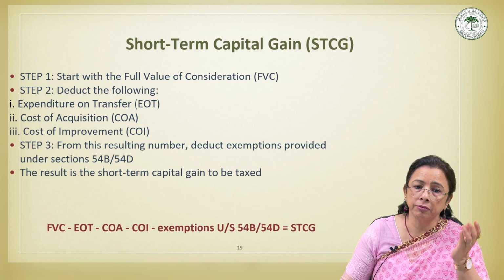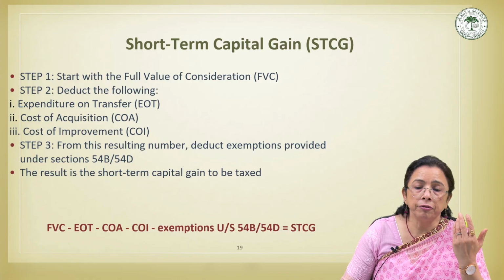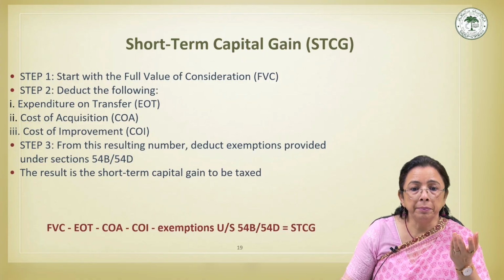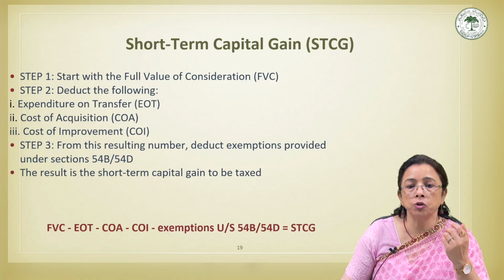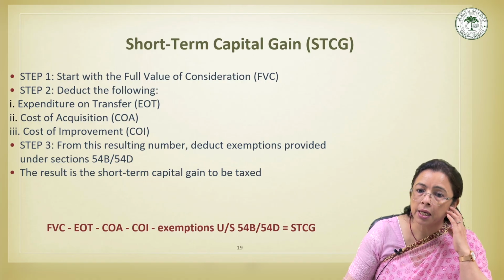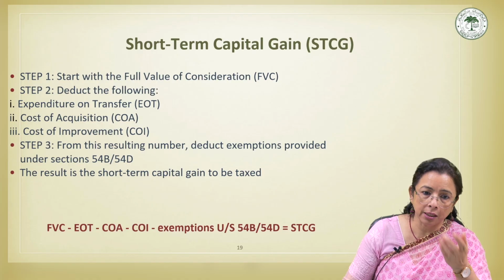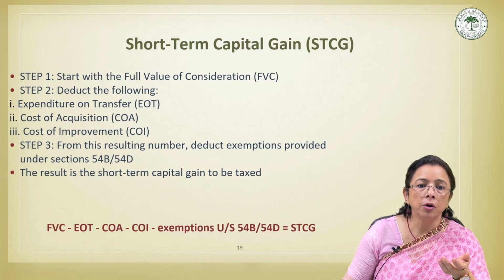For example, section 54B for agricultural land, 54D, that is compulsory acquisition of land or buildings. So if the assessee qualifies under these sections, then we reduce these exemptions only once if he qualifies. So this amount is taxable.